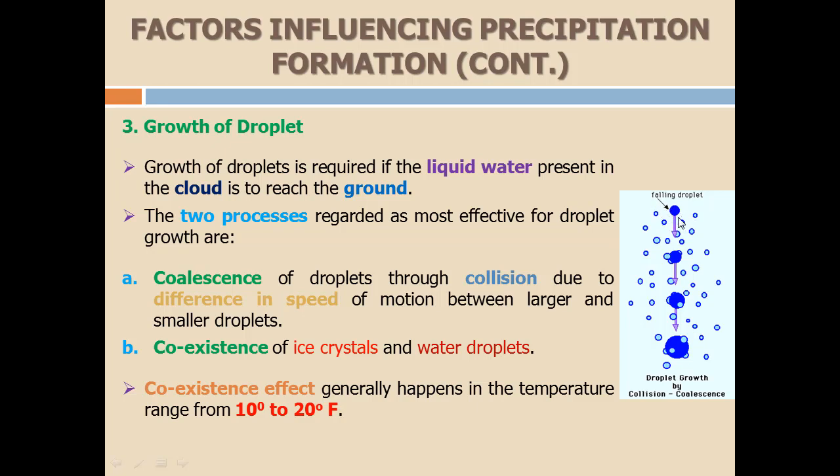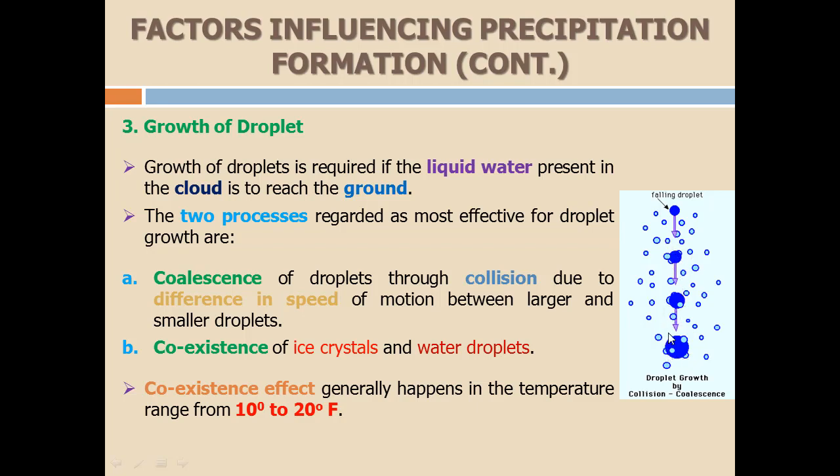So in coalescence, let's suppose there is only one liquid droplet, as you can see in the figure. This droplet is going downward or to any side, and there are other small drops of liquid which it will collide with. When this particle collides with another particle, it will also join with it, and finally the size of this particle will increase.